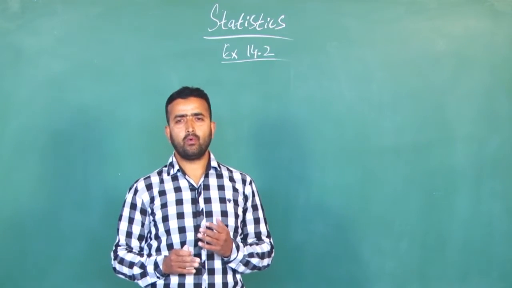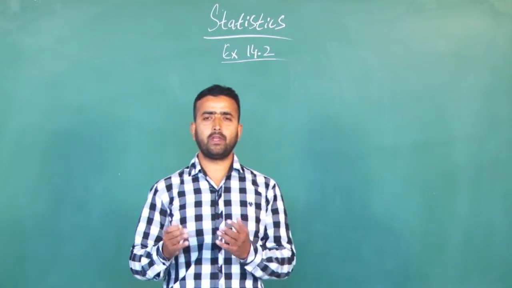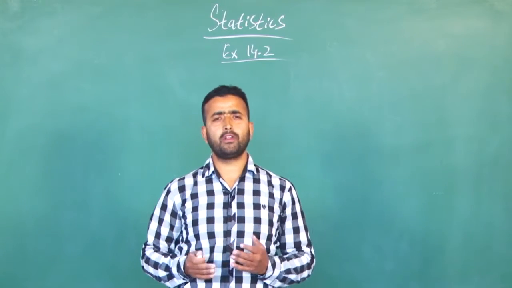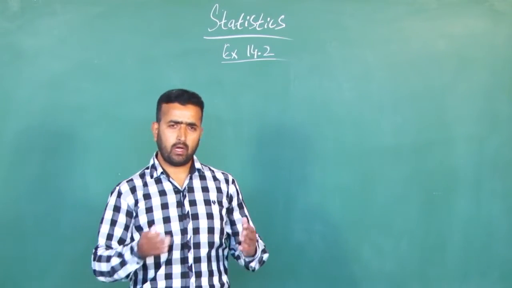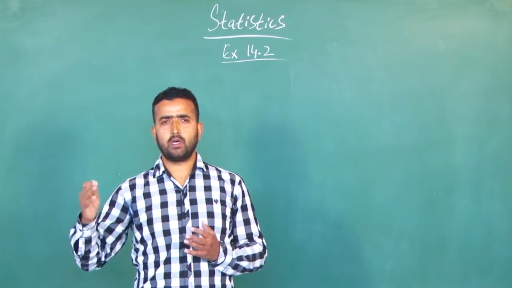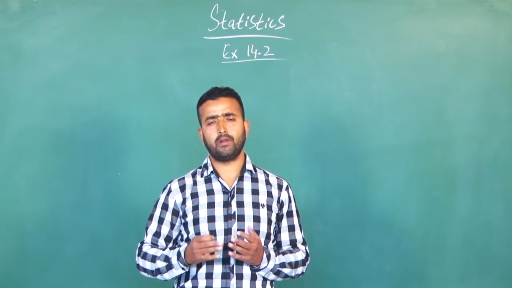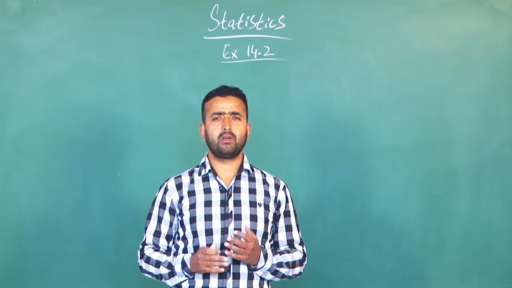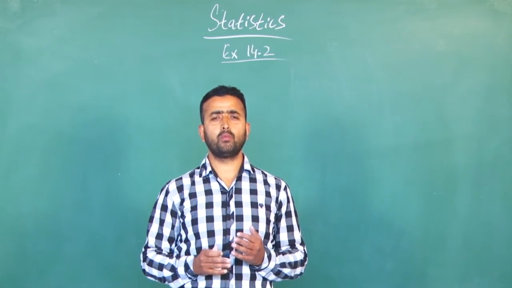It varies. Now, if we have recorded the values of the children of our class, what is the distance from their residence to the school? We can make the frequency distribution table in the form of the grouped frequency distribution.